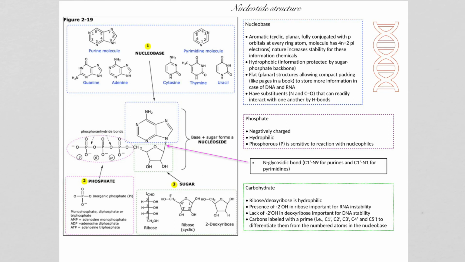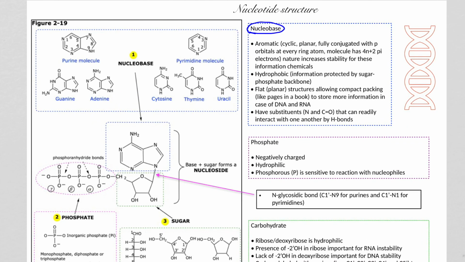So what is a nucleotide? A nucleotide has 3 parts: a nucleobase, sometimes just called base, one or more phosphates, and a carbohydrate. Let's look at the nucleobase.